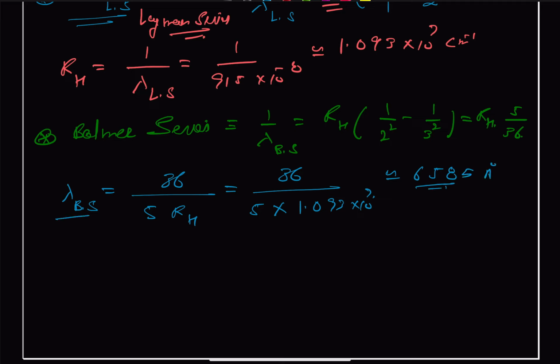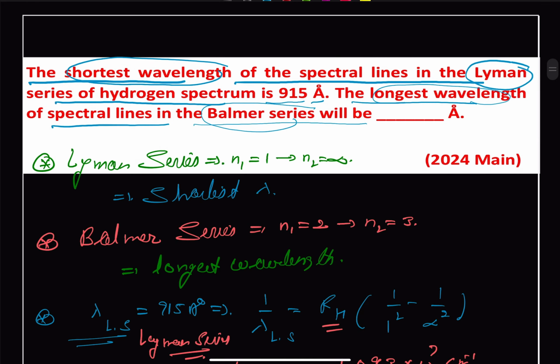And for Balmer we have to remember this is our longest wavelength. So the answer is 6585. Next question.